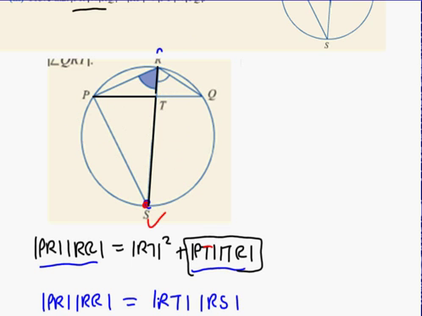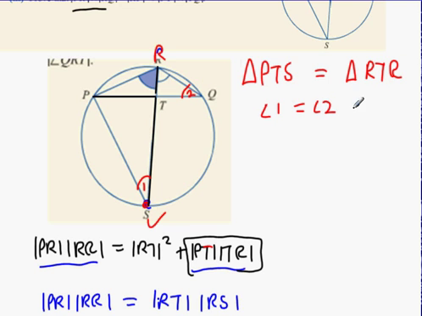So what I'm going to do first and foremost is red equals red. So I want to prove that the triangle PTS and the triangle RTQ are similar. So angle 1 equals angle 2, reason? Same arc.